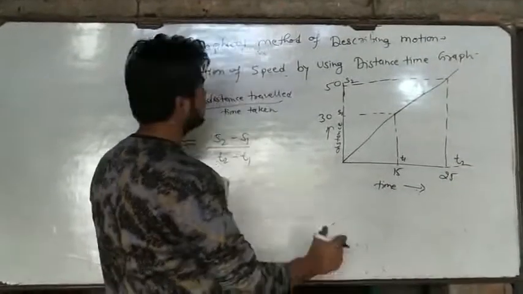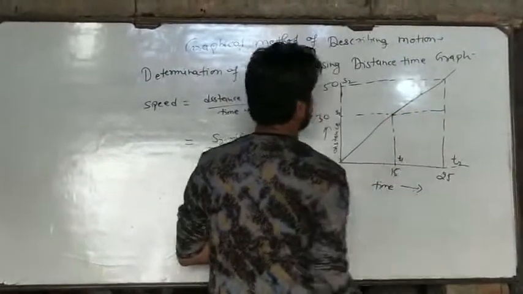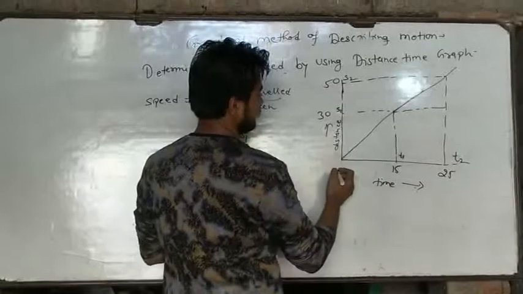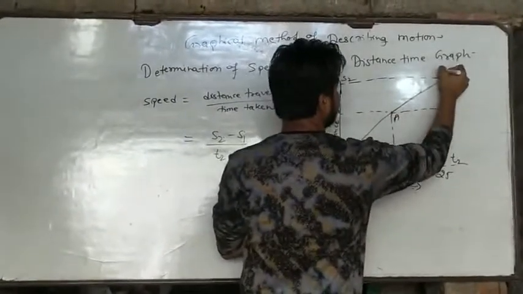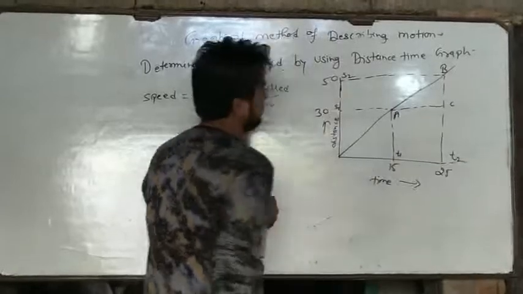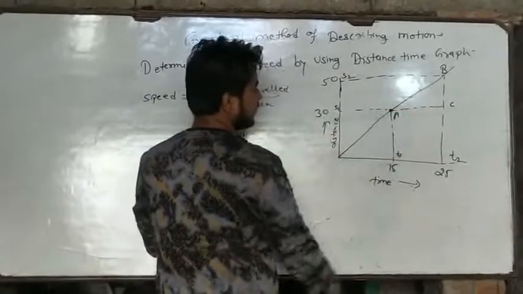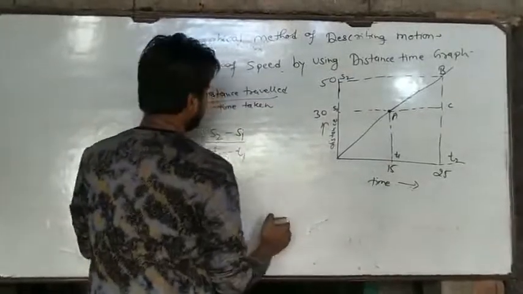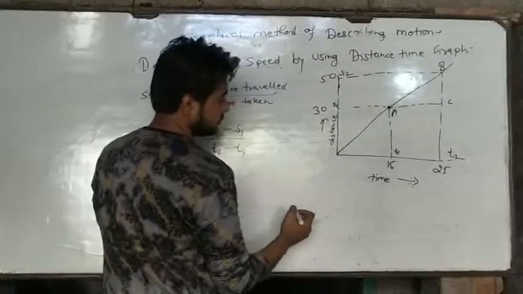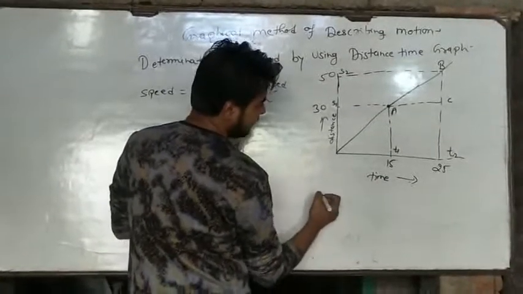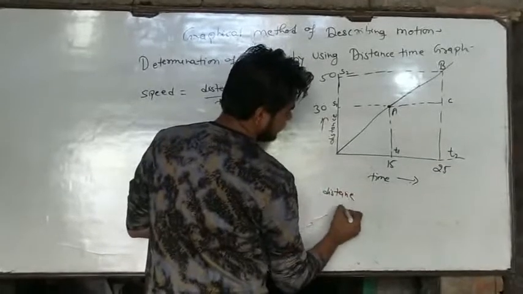Here, to find out A, B, C. This is the first point on the graph, or it can be given like that: distance, time.